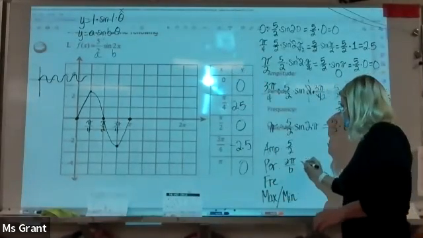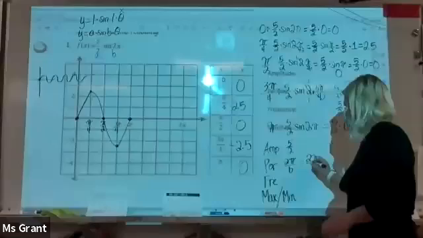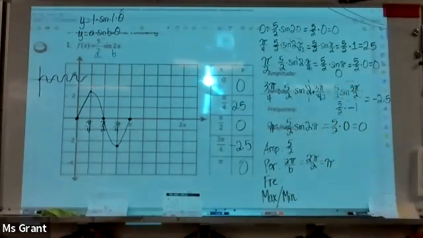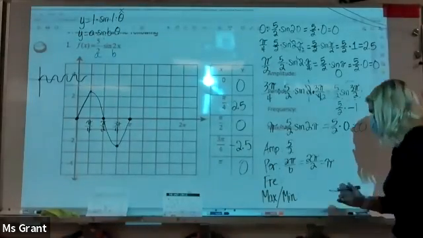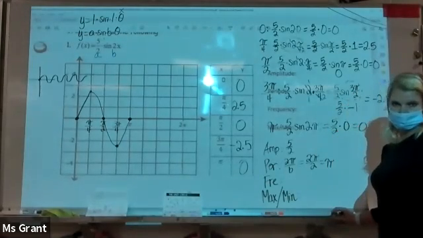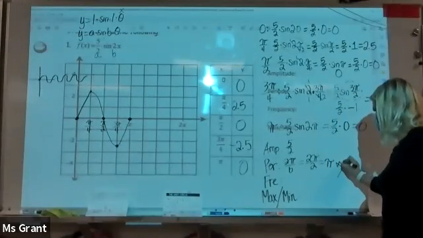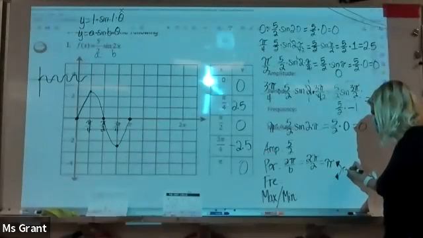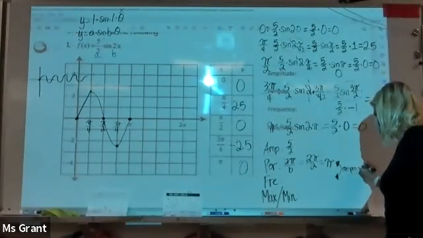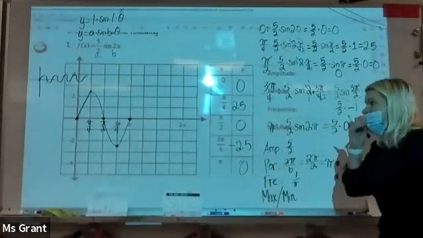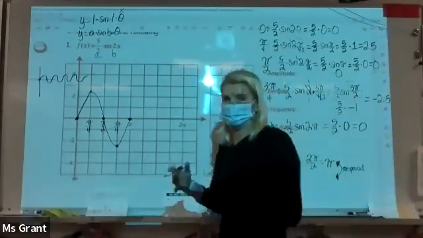B is 2. My period is pi, 2 pi over 2. Reduce. Frequency is the reciprocal: one over pi.